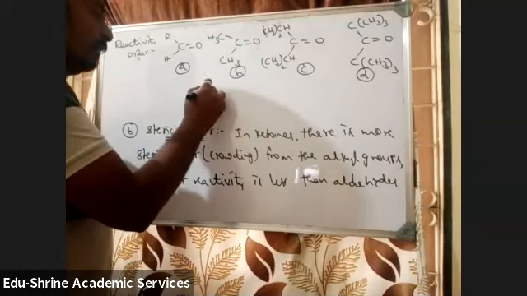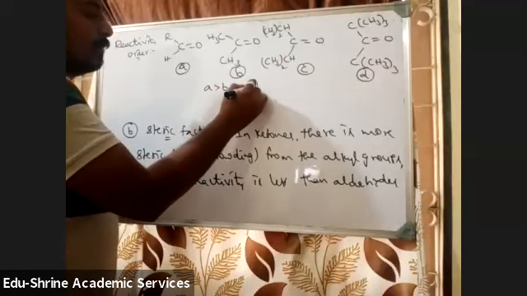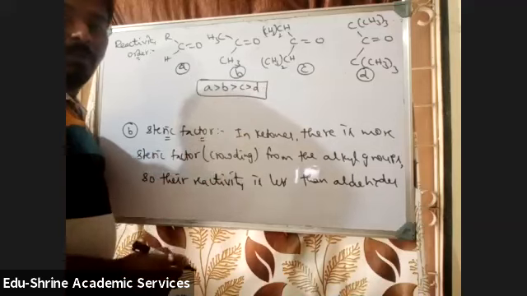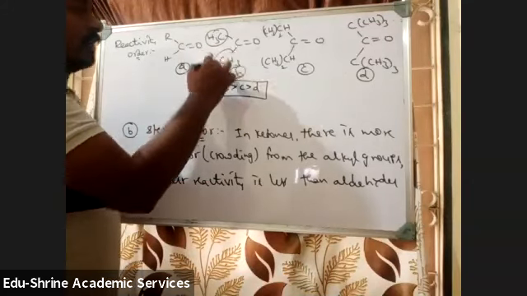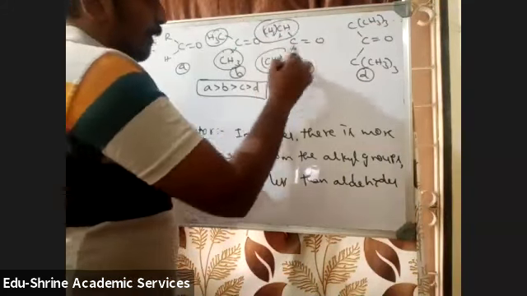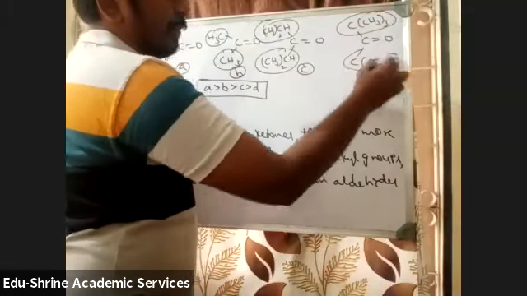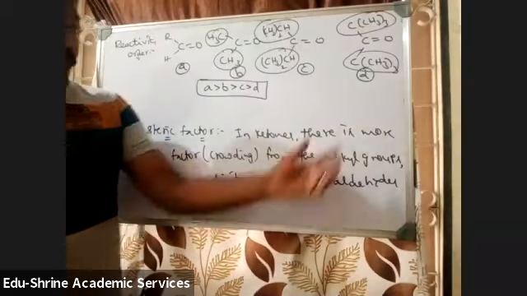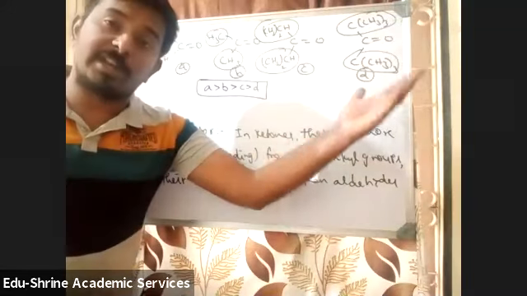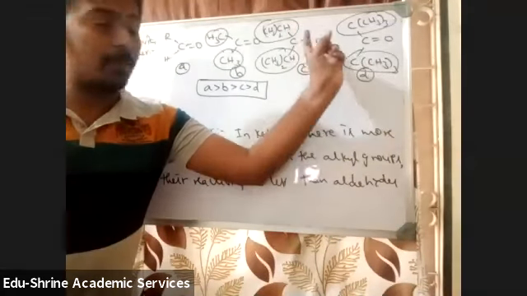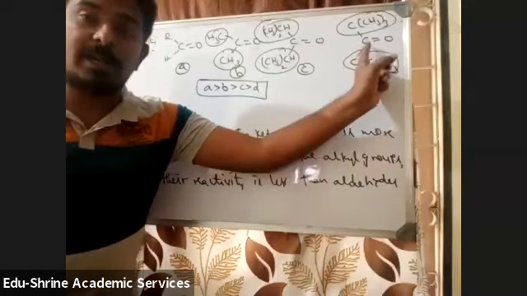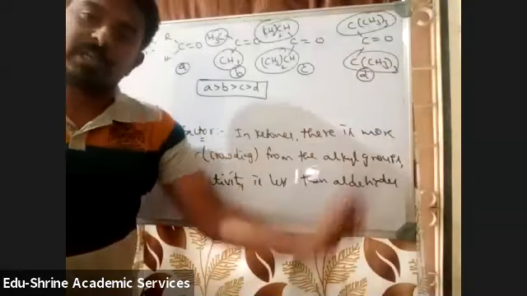So order of reactivity will be A greater than B greater than C greater than D. You can see here there are smaller methyl groups, a larger isopropyl group, and a very large tertiary butyl group. So the tertiary butyl group will offer more steric hindrance here. So it will be very difficult for the nucleophile to come and attack this carbon atom. Hence least reactive.